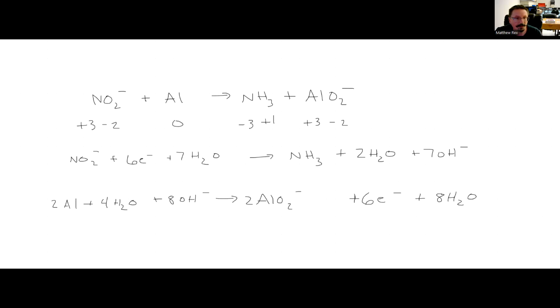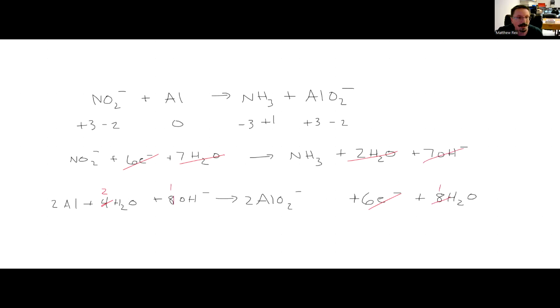Now I can add them and cancel anything that is the same. We'll start with my 6 electrons. These 2 waters are going to cancel 2 of those. These 7 waters are going to cancel 7 of those. These 7 OHs are going to cancel 7 of those.